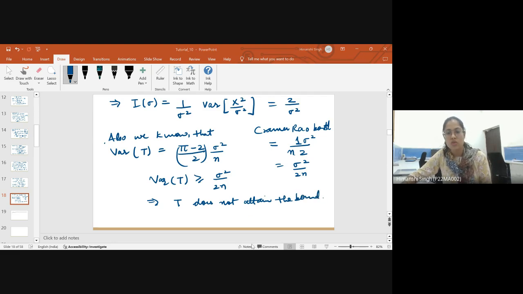Here we have first seen whether t is a consistent estimator or not, whether it is an unbiased estimator or not. Then we found the Cramer-Rao bound for it, and checked whether that estimator attains the Cramer-Rao bound or not. It is not attaining the bound; the variance of t is greater than or equal to sigma square by 2n, as we can see by this expression.